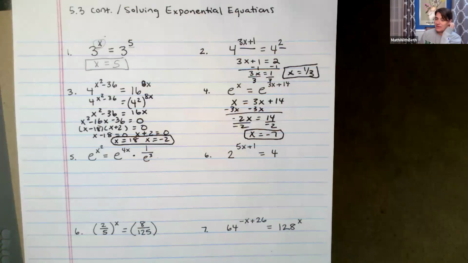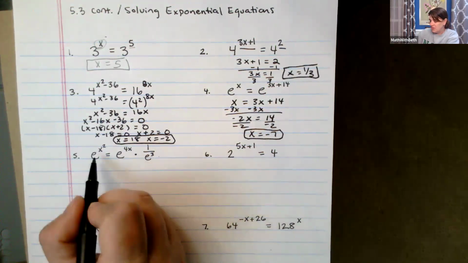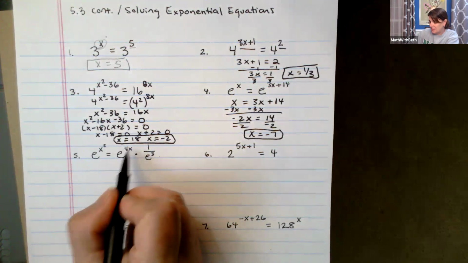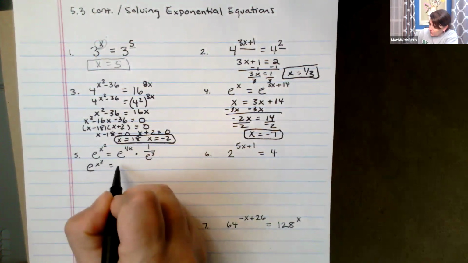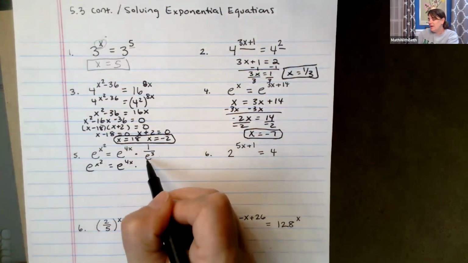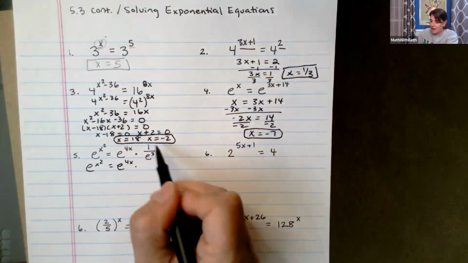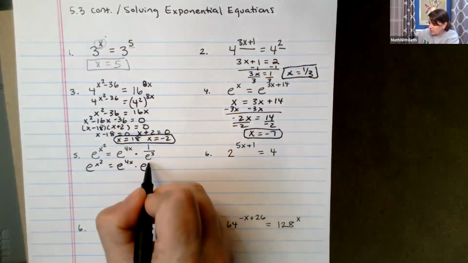Okay, 5 is the same idea, but again, we have to remember a couple rules with exponents to simplify this, because right now I don't have just an e to something and an e to something, so I need to combine this. So first, remember with exponents that if you would like to bring something to the top, you can do that as long as you change the exponent.